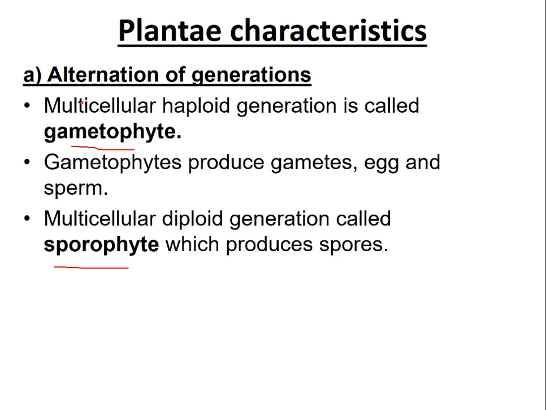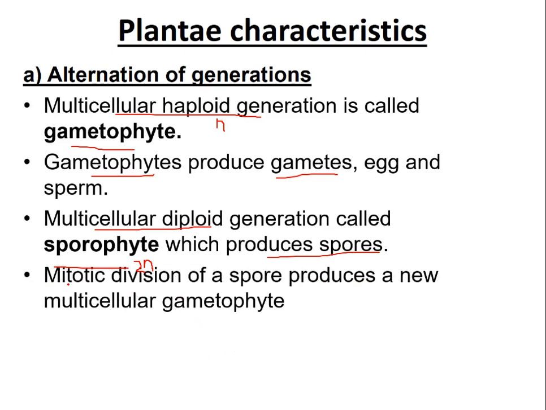The first stage of the life cycle is the gametophyte. The gametophyte is a multicellular haploid generation, and its function is to produce gametes, which are the egg and the sperm. The multicellular diploid stage of the life cycle is the sporophyte, which is 2N, and its function is to produce spores. So the gametophyte produces gametes, the sporophyte produces spores.